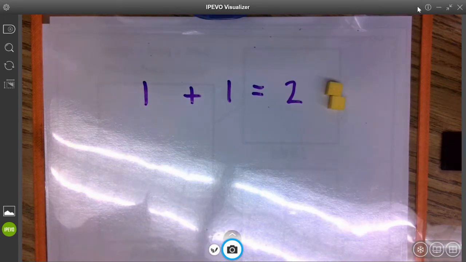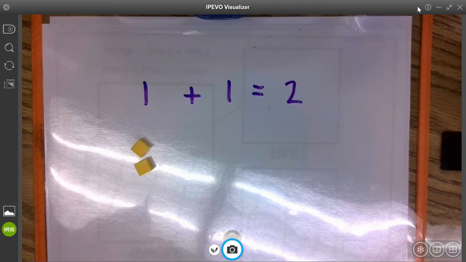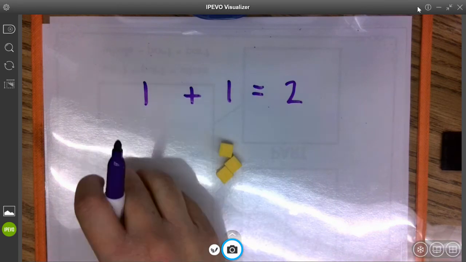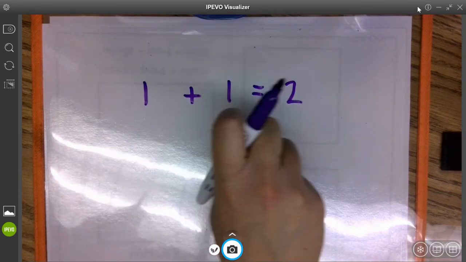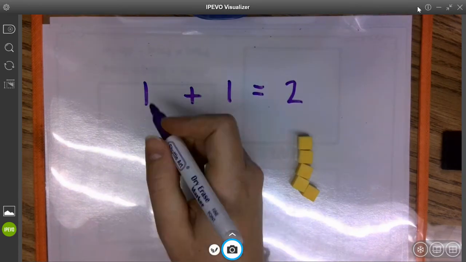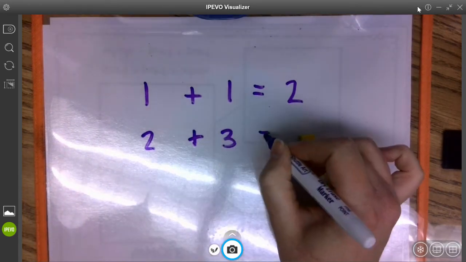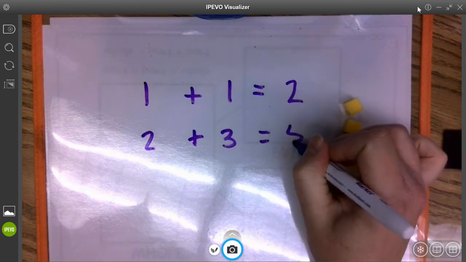Okay. If I have a group of 2 and I add 3, then I know that I put them together and 2 plus 3 equals, what do I have now? 5.